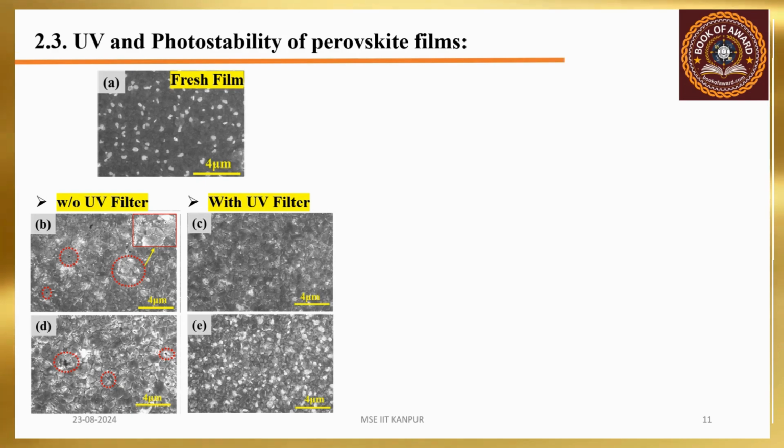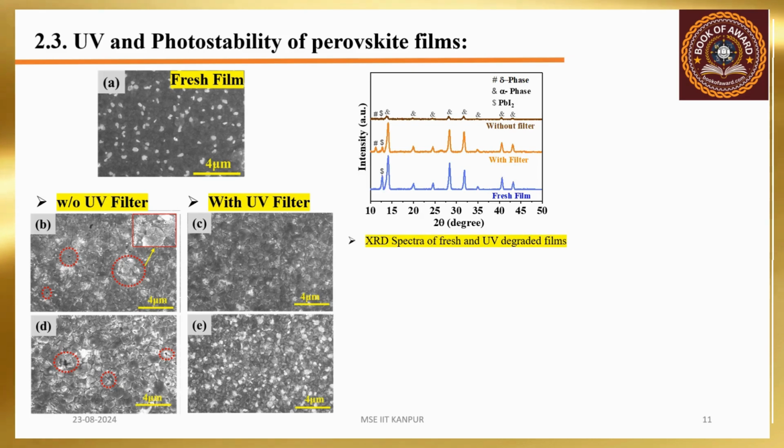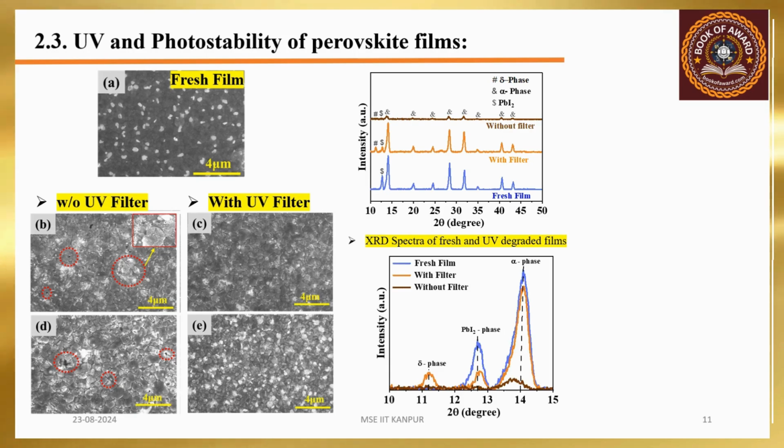This is the XRD spectra of fresh and UV degraded films with and without UV filter. Without UV filter, the intensity of the XRD spectra reduced due to the degradation of perovskite films. This is the XRD spectra of fresh and UV degraded films with and without Pani UV filters, between 10 and 15 degrees.